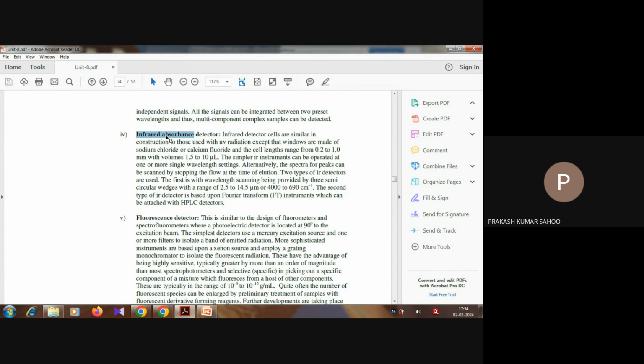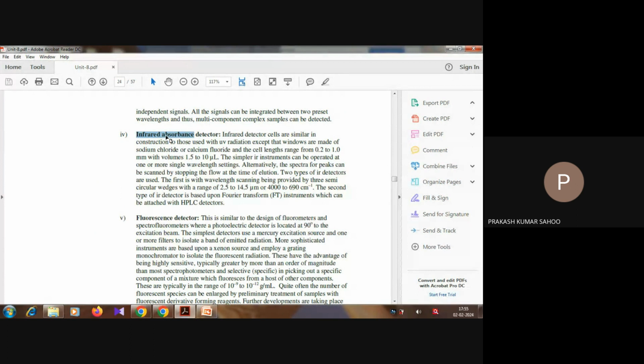If your sample is a solid sample, then a pellet is prepared with KBr, that is potassium bromide, and that pellet is placed on the surface of the sampling chamber to obtain the technical data related to your IR absorbance.